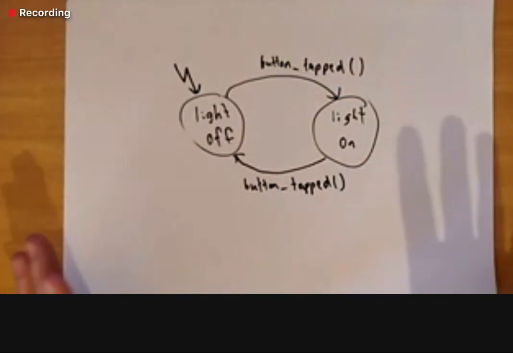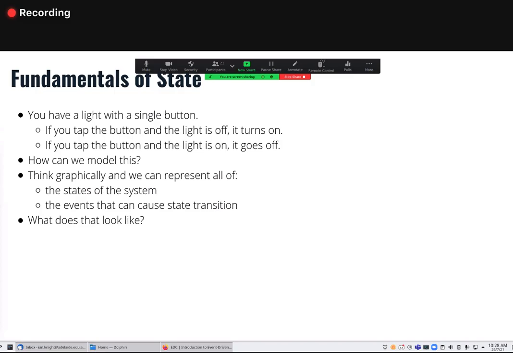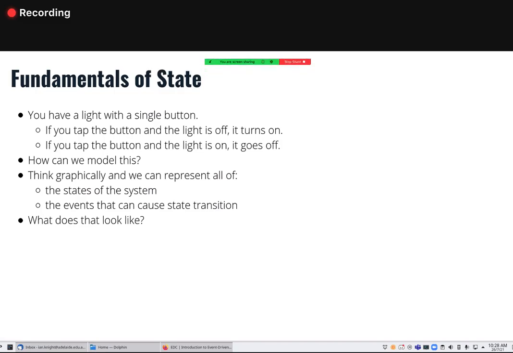So hopefully that's given us a bit of an insight into what we're starting to look at, starting to get our heads into the space of looking at and modeling basic state machines for handling event-based systems. So, does anyone have any questions about that?